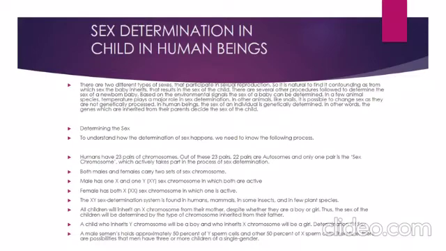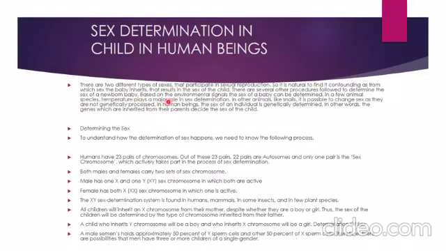Now, in sex determination in human beings, there are two different types of sexes, that is the male and the female. So it is natural to wonder which sex the baby inherits. There are several other procedures followed to determine the sex of a newborn baby.